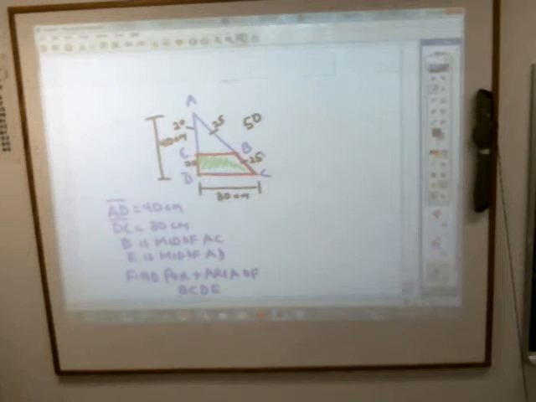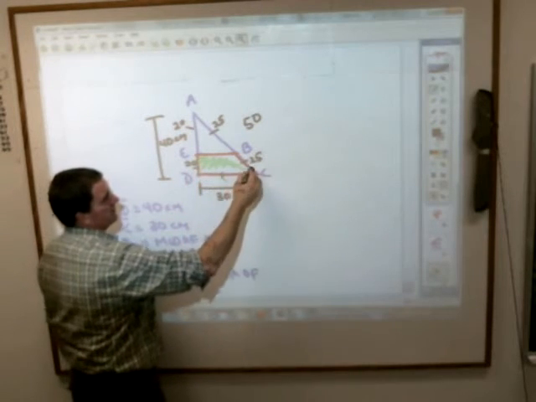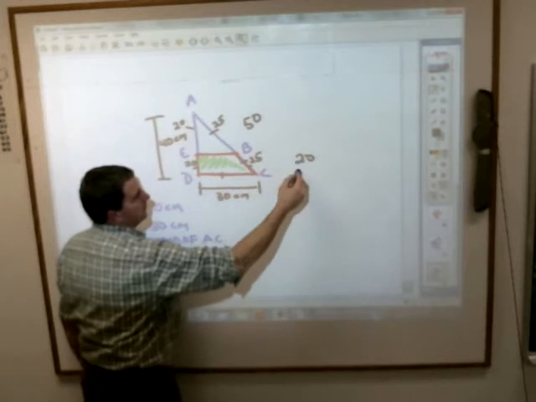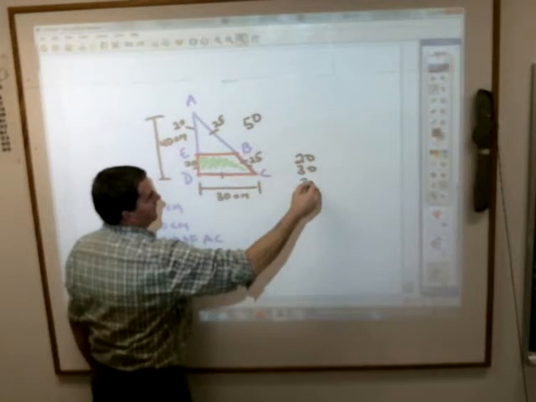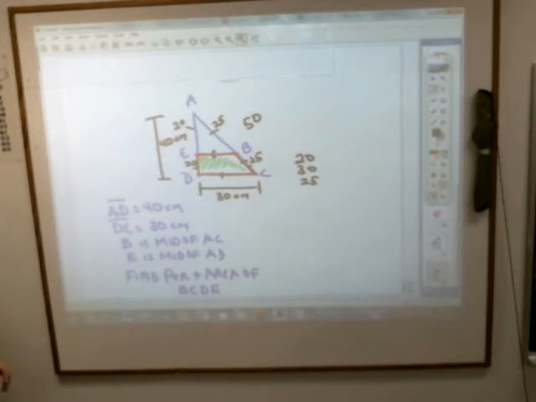Interestingly enough. Now to find the perimeter though, I know these, I know this, this, and this. I know 20, I know 30, I know 25. How in the world can I find that side though? I'm missing the one side to find the perimeter. You have to do the Pythagorean triples again with 20 and 25.